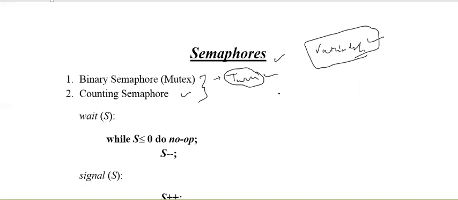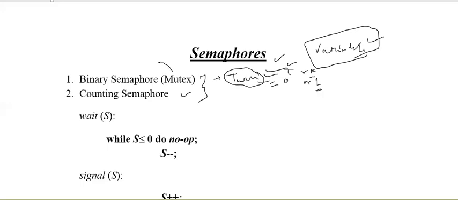Its value will be either 0 or 1, or either true or false. Whenever any process wants to enter, it needs to make it true, and then if it is true, nobody can enter into the critical section until that process has released that semaphore or that particular turn.